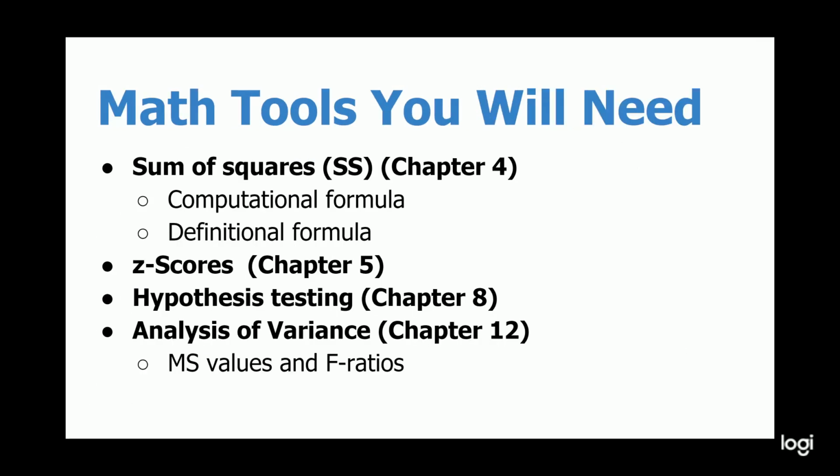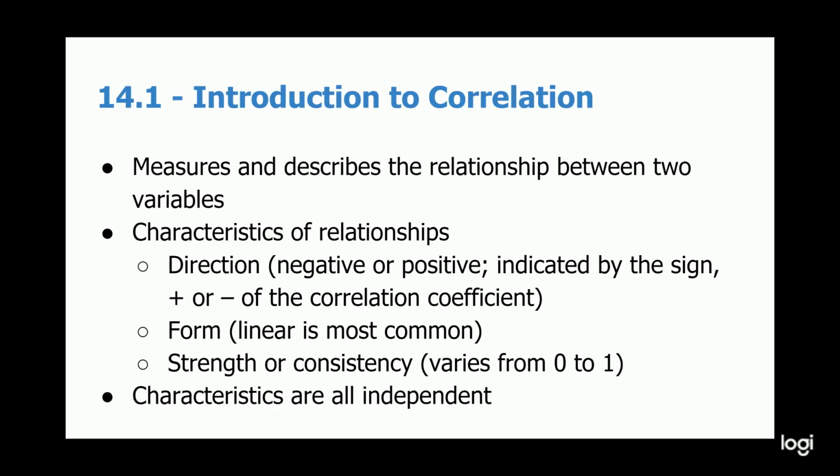The tools you're going to need for this are the sum of squares, which you should know by now, and this is where we get our computational and definitional formulas from. Your z-scores, which you'll use for your hypothesis testing in Pearson correlation or Spearman correlation. And you're going to need analysis of variance as well, when we use F ratios to measure correlation as well.